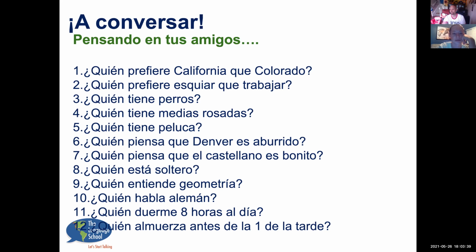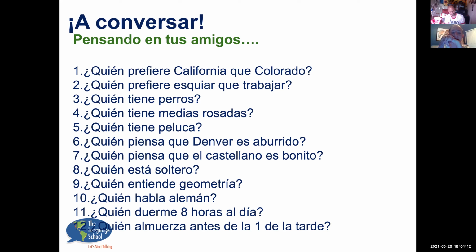¿Quién tiene perros? ¿Cómo se dice cousin again? ¿Primo o prima?